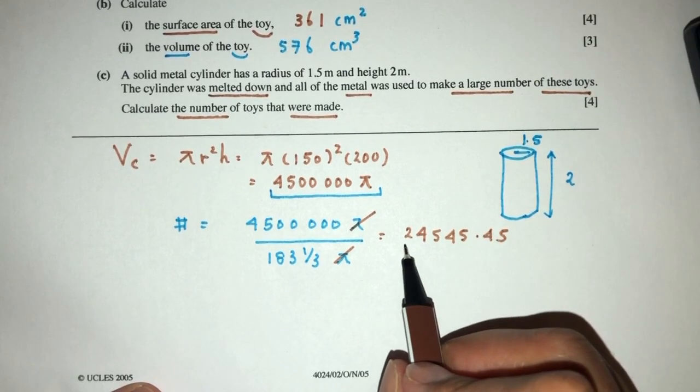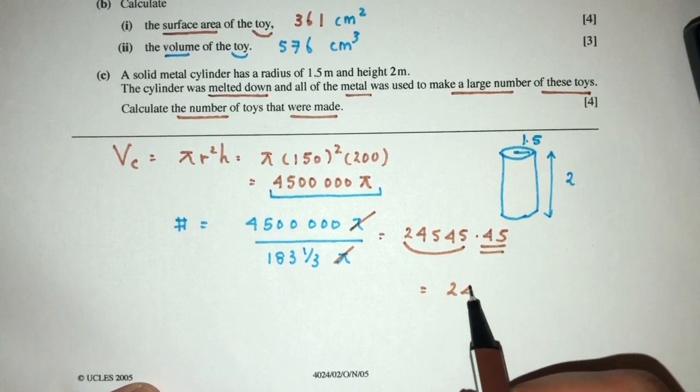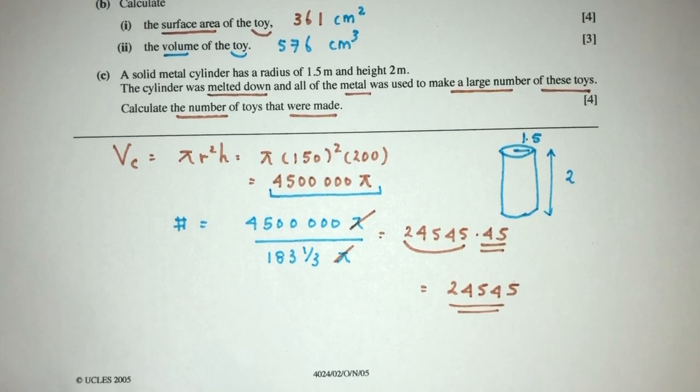Obviously you take only the whole number because you cannot make half a toy. You can only make 24,545 toys from the available volume of metal. And that is your question number 9.